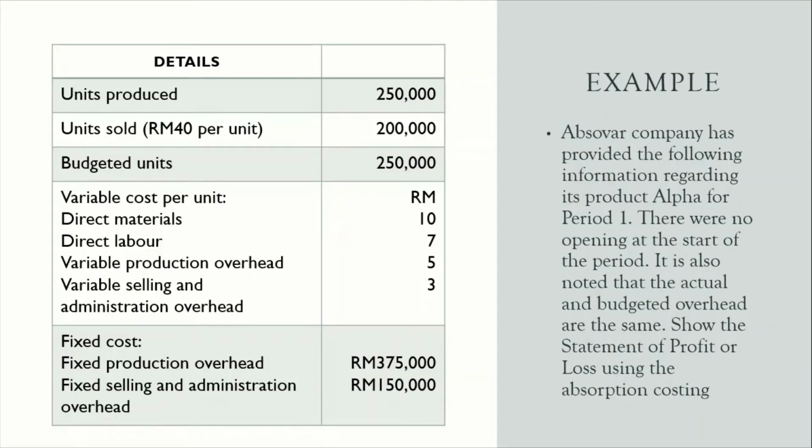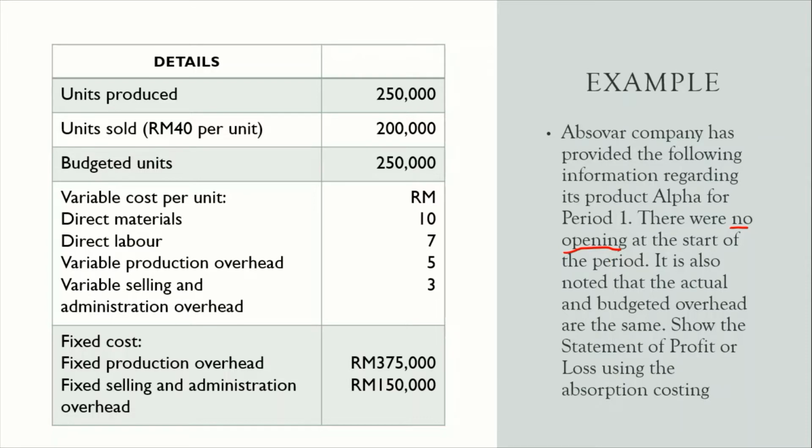Okay, so an example for absorption costing. ABSORPTION company has provided the following information regarding its product alpha for period 1. There is no opening inventory at the start of the period.